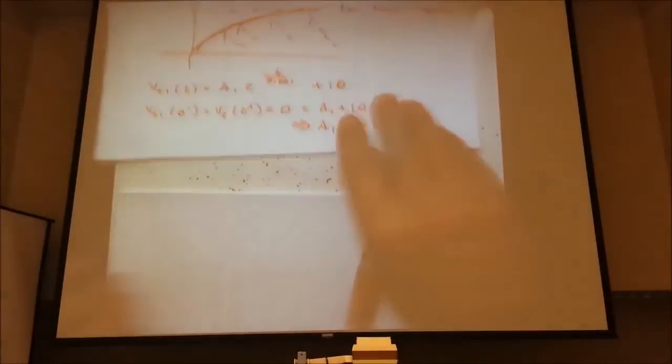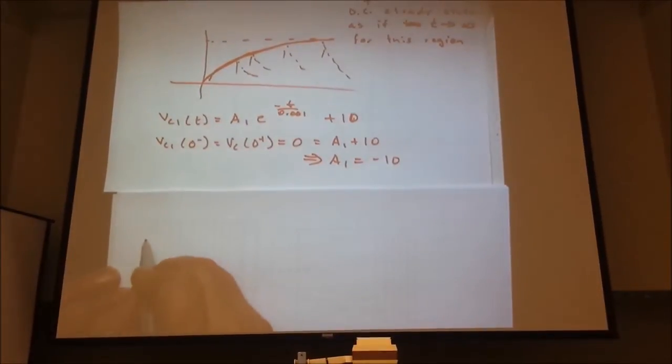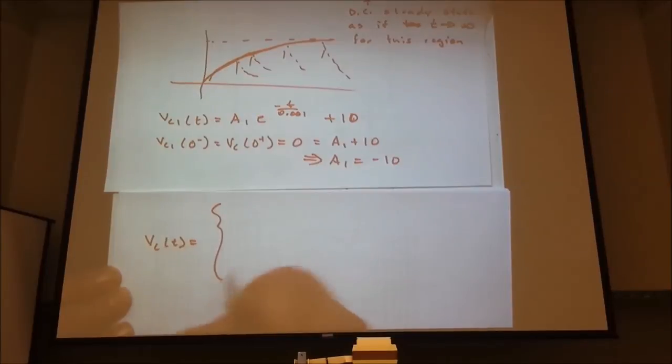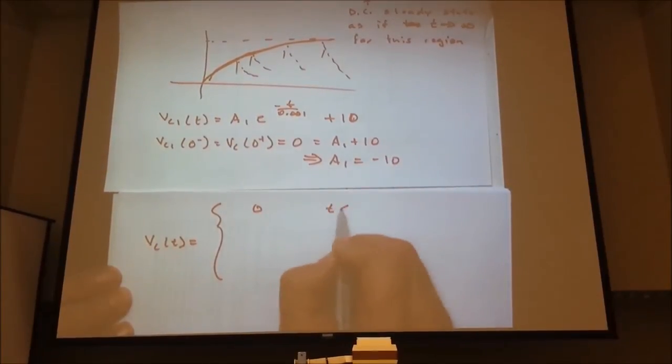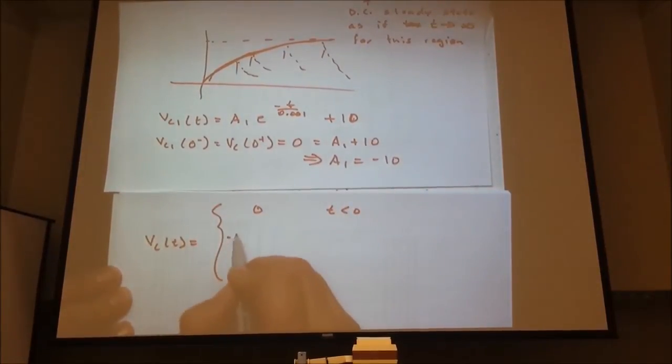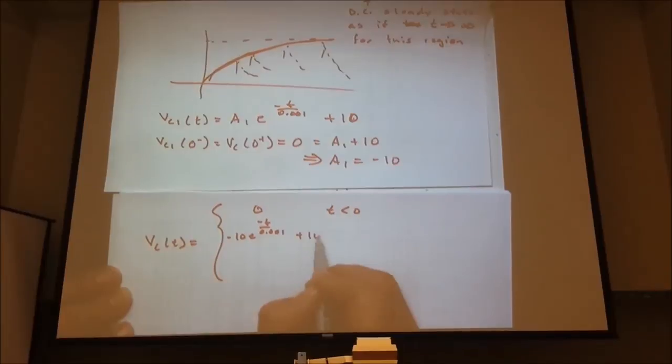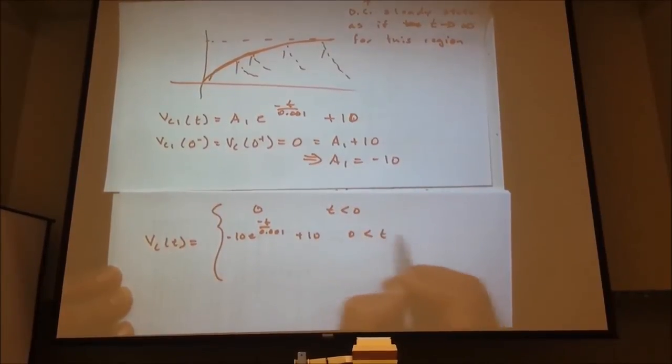And so in our solution, just to rewrite it, VC of t equals 0 for t less than 0. And now minus 10 e to the minus t over 0.001 plus 10 for 0 less than t less than 0.166 milliseconds.